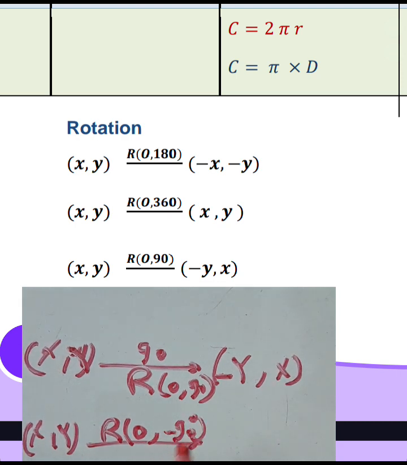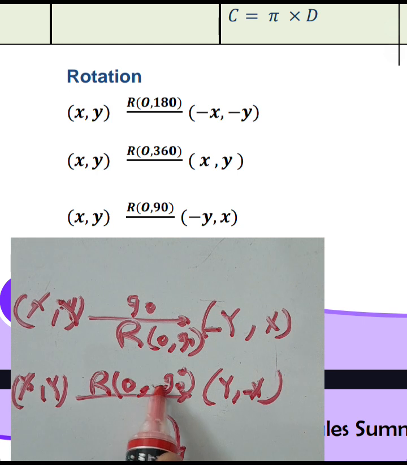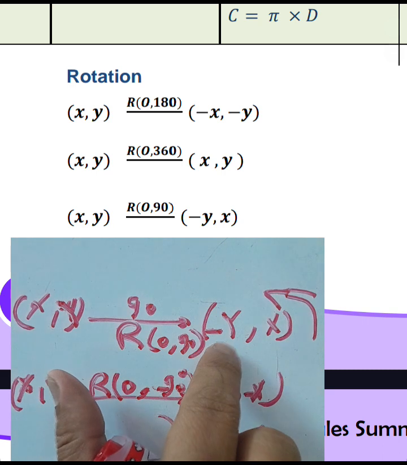By negative 90 degrees you must swap x and y and change the sign of the second. Again, (x, y) is a point. To rotate this point around 0 by an angle of 90 degrees in the direction of the clock, negative sign means this direction is with the clock. And if the direction of 90 degrees is opposite to the clock, you must swap x and y and change the sign of the first.